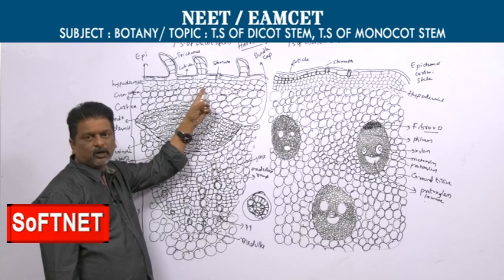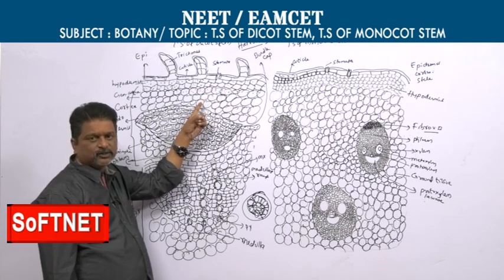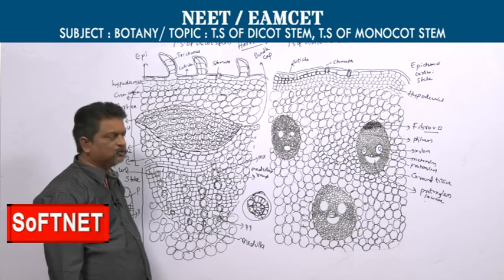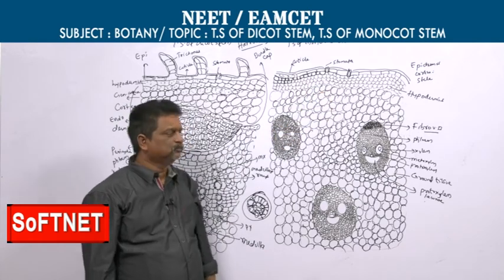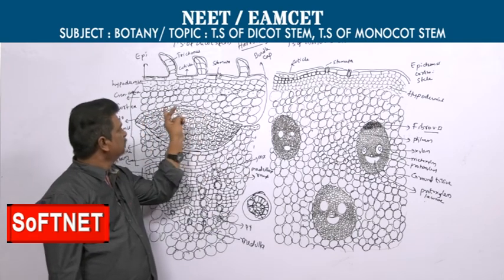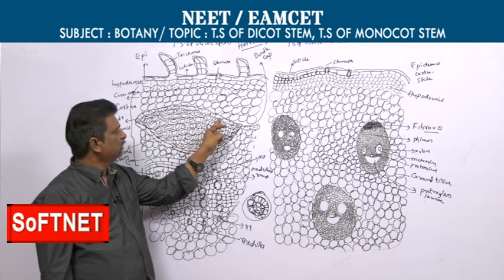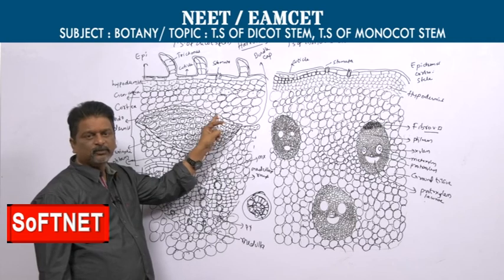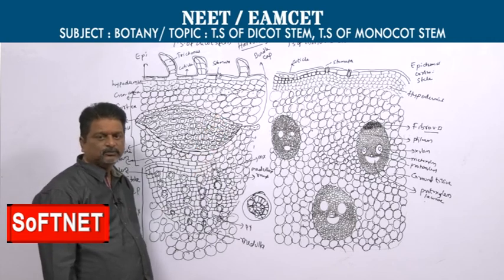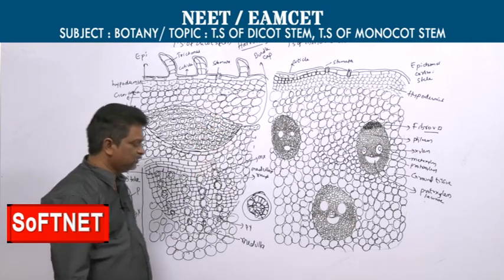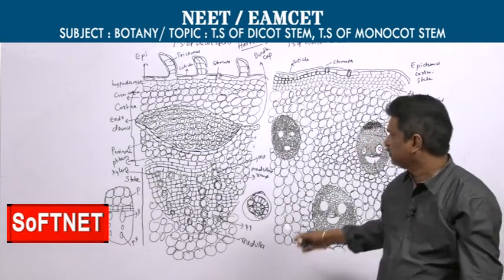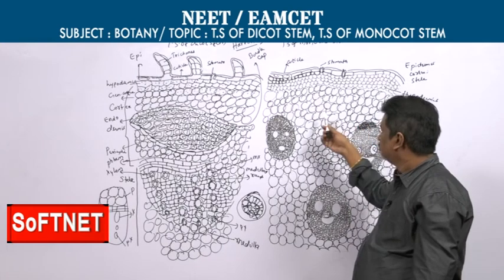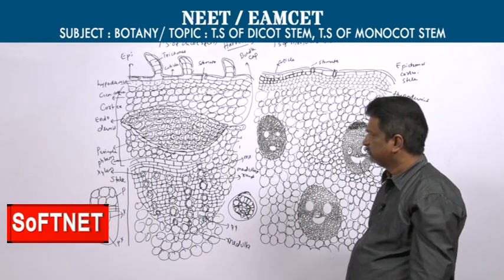In the general cortex, outer cortical cells perform photosynthesis and inner cortex does storage, but here the general cortex is absent. Then endodermis, the innermost layer of cortex. In dicot stem, endodermis stores starch, so it is called starch sheath. In monocot stem, the starch sheath or endodermis is absent.